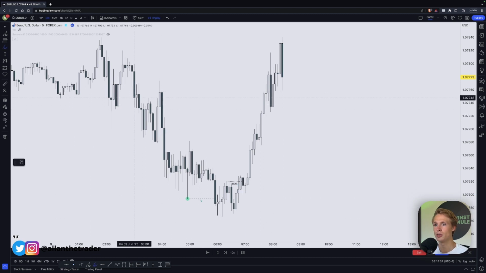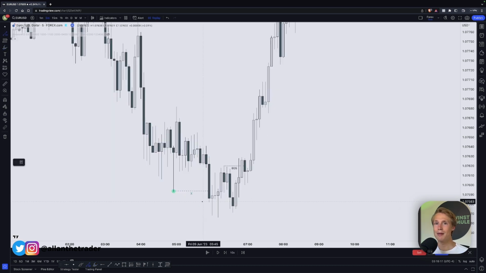The structure was going down something like this. And now it actually broke this high and is creating an upwards structure. So we have a break of structure and a liquidity grab. So you see liquidity being taken out and a break of structure. So again, we don't have certainties, but now it's very likely that price will go up because it looked for those stop losses and it actually reversed the structure.